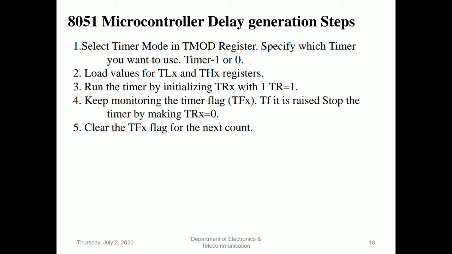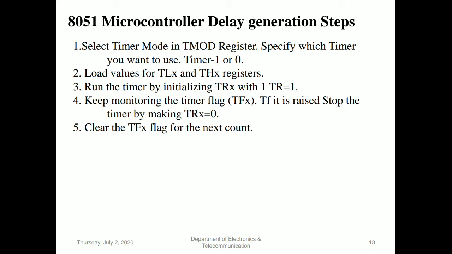As per your requirement, for mode 0 make M1 M0 0 0; for mode 1, 0 1; for mode 2, 1 0; and for mode 3, 1 1. So there is a 2-bit combination: 00, 01, 10 and 11. According to your requirement, whether you want to use the timer in 16-bit mode, 13-bit mode, 8-bit auto reload mode, or baud rate generation, that is split mode.